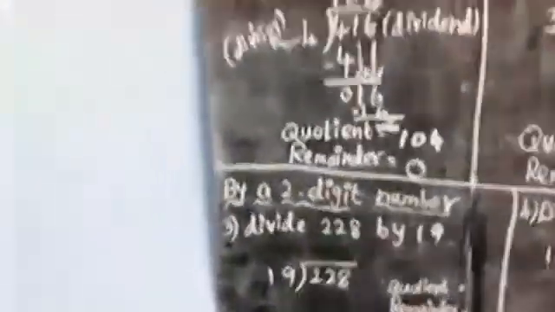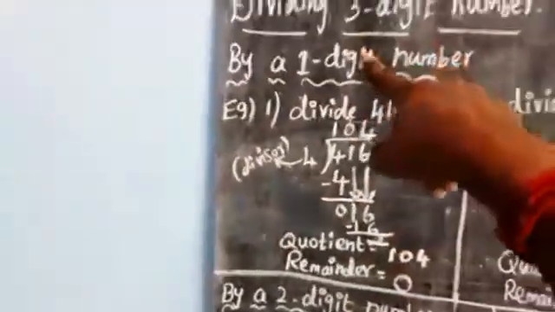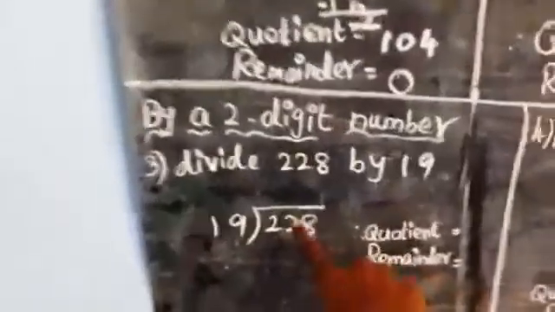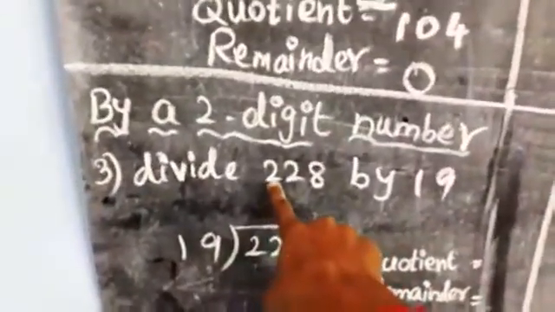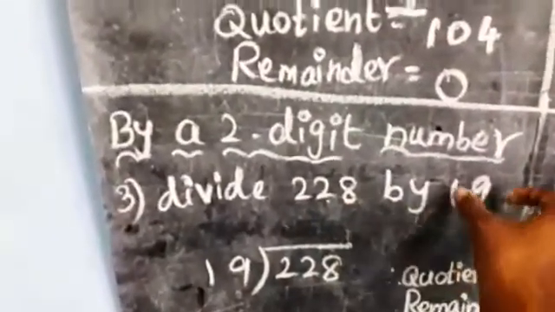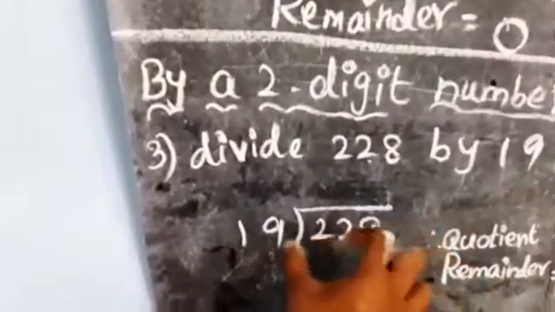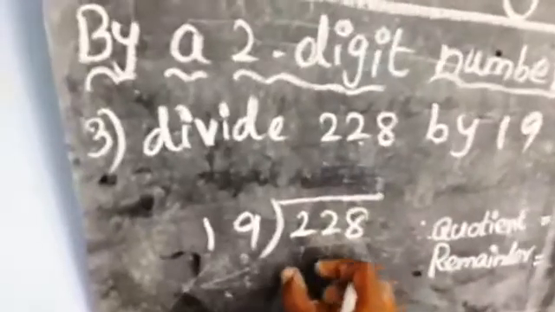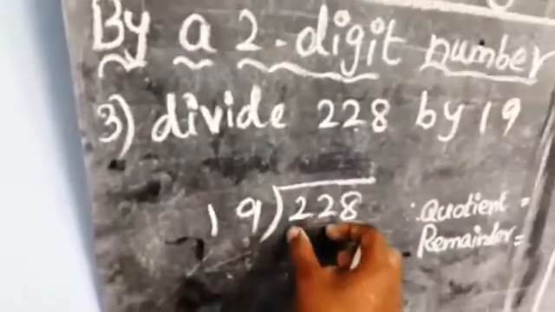Quotient is 56. Now look at dividing a 3-digit number by a 2-digit number. Look at the example: 228 by 19. It is the dividend, it is the divisor. You take 2 digits, because the divisor is also 2-digit.